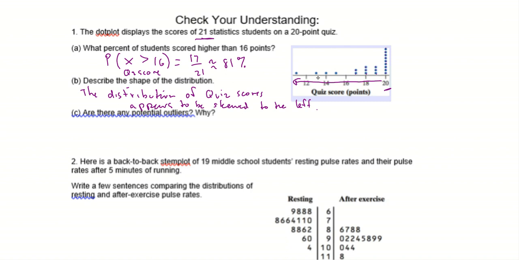And so do we have any outliers? Well, possibly. I'm seeing this one as a potential outlier. These other ones maybe could be outliers as well, but I'm going to say for sure that one. So I'm going to say potentially one outlier at 11. Why?